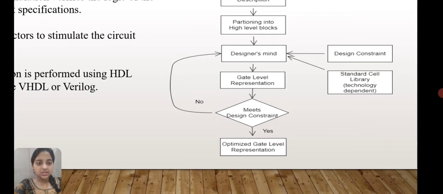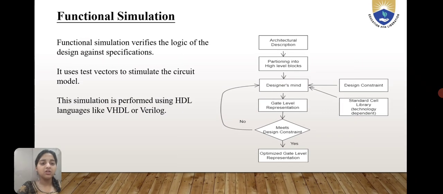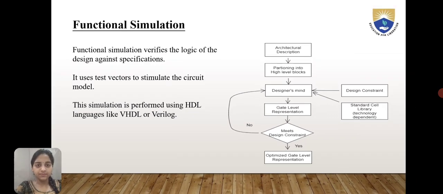If it meets the design constraint, then it will optimize the gate level representation, or else it will go back to the designer's mind for thinking about the design constraint and the standard cell library, and this process continues until it meets the gate level optimized representation.